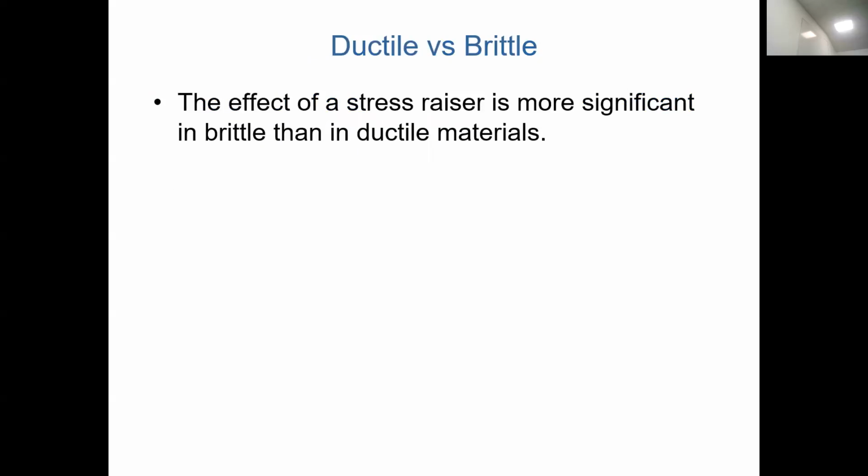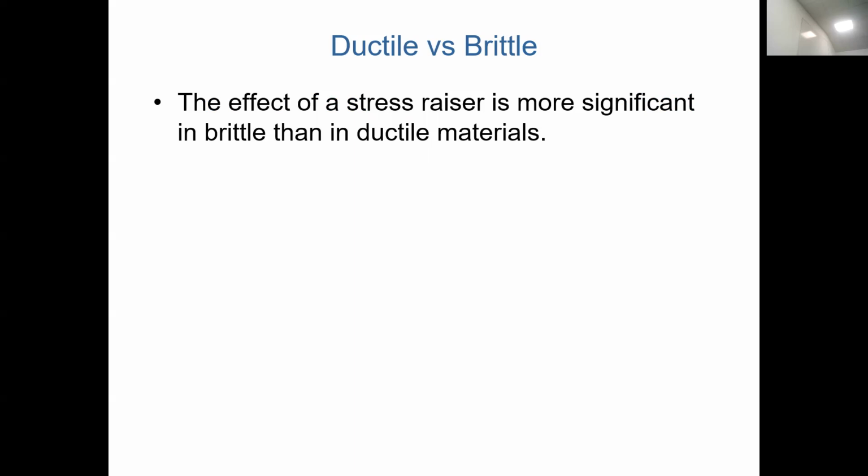Okay, when we compare ductile and brittle, stress risers, the points which give rise to the stresses, are more significant in brittle than in ductile. The reason is, if there is stress concentration and the roof is made of ductile material and it's going to fail, I'll look and say, oh yeah, it's failing here. Okay, everyone out, we've got time.